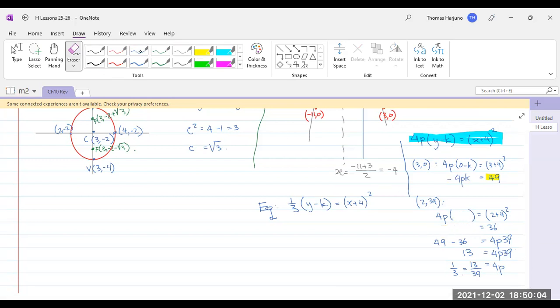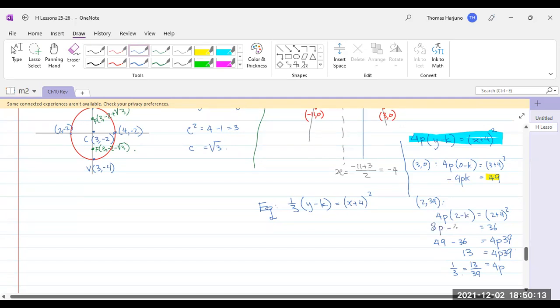My bad. So the y is 2 minus k, right? So this is 8p minus 4pk.